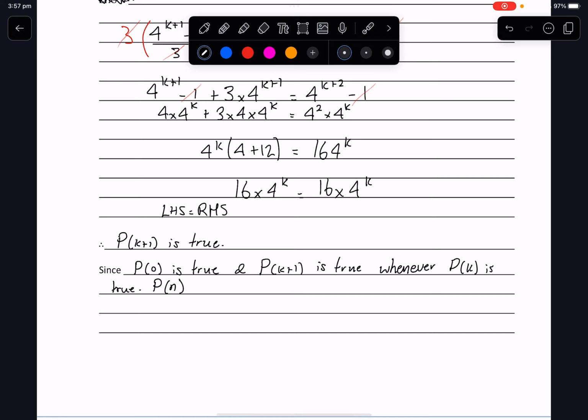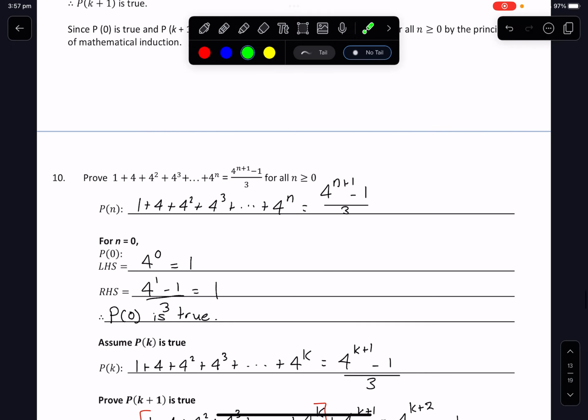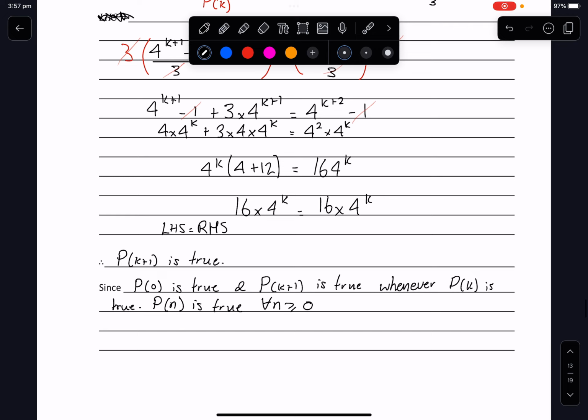Because of those conditions, P of n is true for all n greater than or equal to 0. That was my initial condition right back up the top here. So P of n is true for all n greater than or equal to 0 by the principle of mathematical induction.